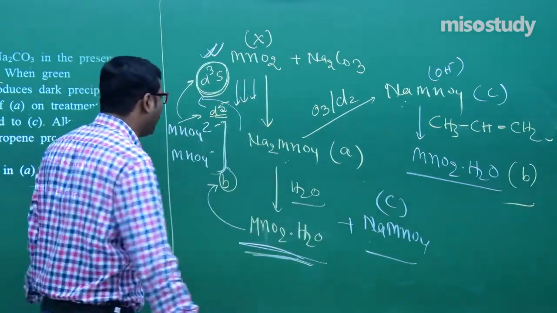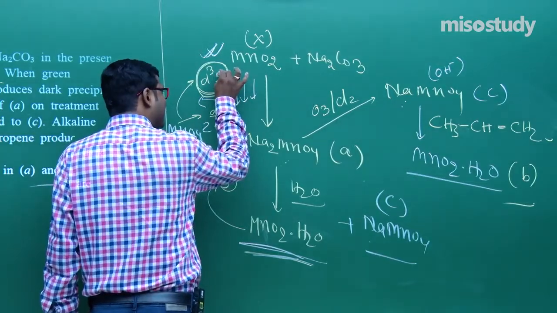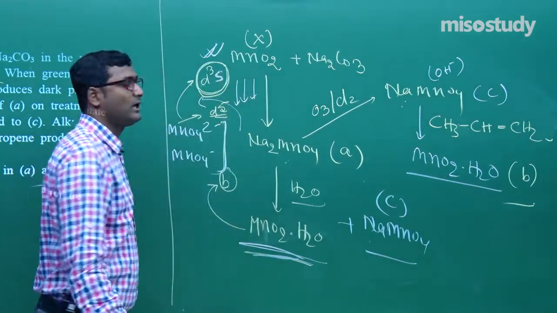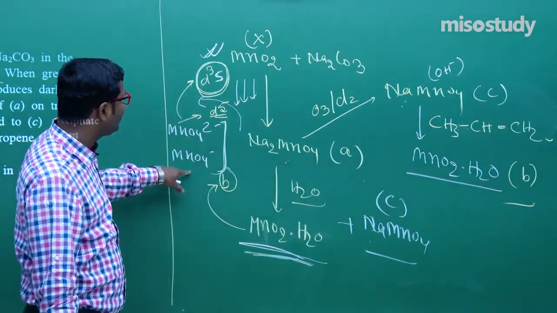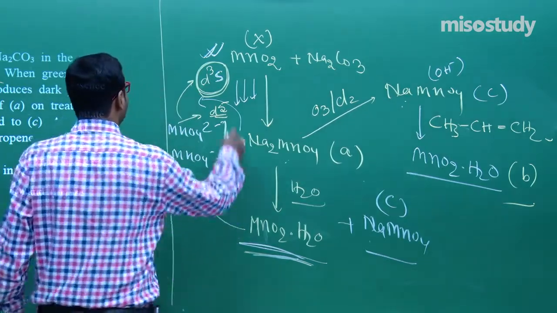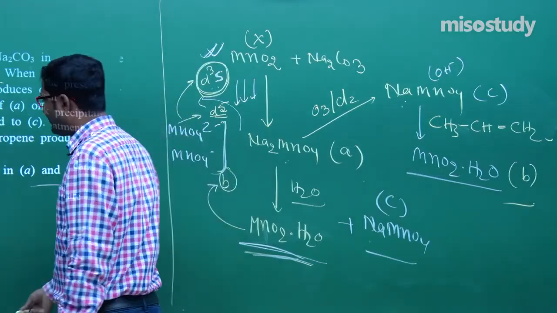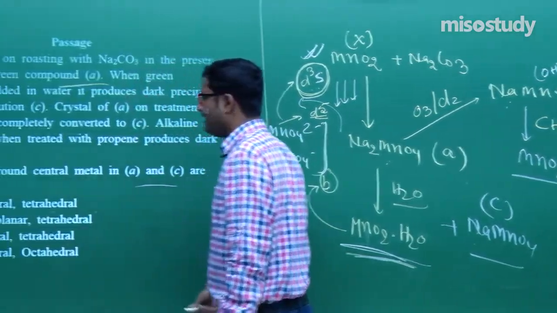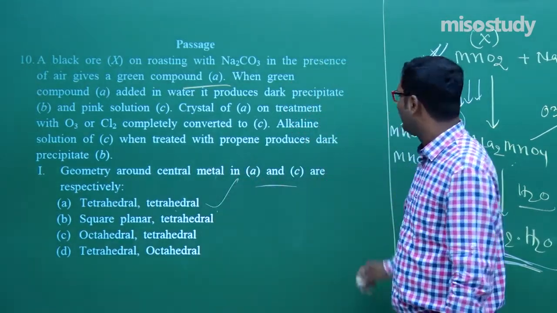Clear to you? In this case, the involvement of p is less dominant in comparison to the involvement of d. So in MnO4 2 minus, MnO4 minus, Cr2O7 2 minus, there is d3s hybridization, and the geometry is tetrahedral. So in both cases, the geometry is tetrahedral.